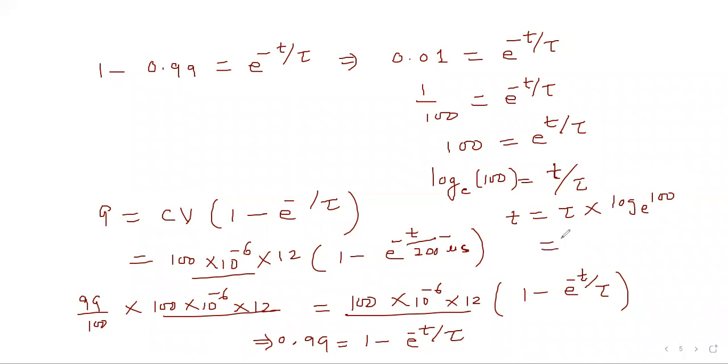Tau is equal to, as we have got, 200 into 10 to the power minus 6 into log 100, which is 4.6. So from here, this value will come out to be 0.92 into 10 to the power minus 3, or 0.92 milliseconds.